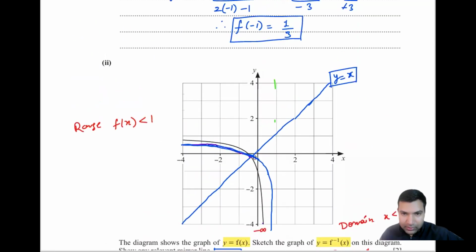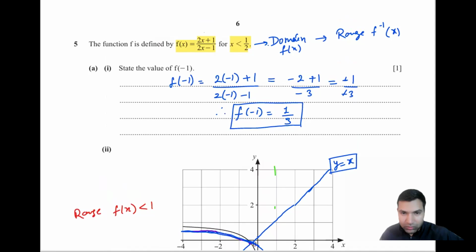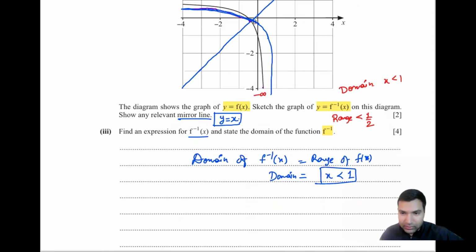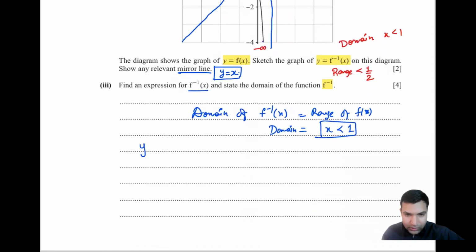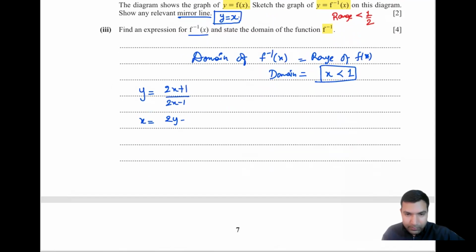So let's quickly see this expression. It is f of x equal to 2x plus 1 over 2x minus 1. So assume y is equal to 2x plus 1 over 2x minus 1. Now we interchange the variables x and y and make y the subject. Okay, so you just cross multiply: 2y minus 1 times x is equal to 2y plus 1.